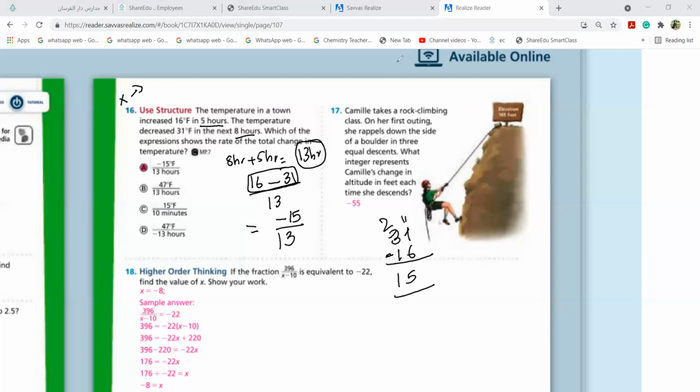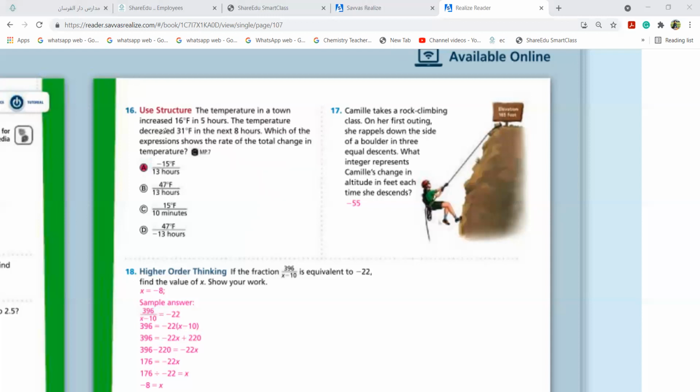Okay, I'll explain again. The temperature in a town increased 16 in 5 hours. First it increased 16 in 5, okay? But they ask you total change in the temperature. So in 13 hours, 5 plus 8, how much did it change?